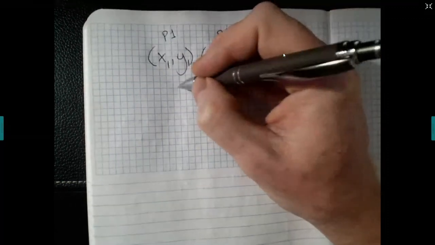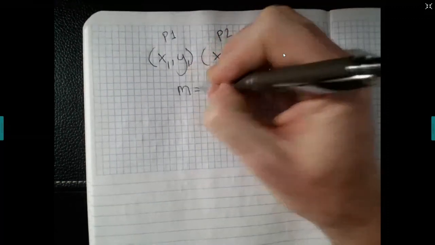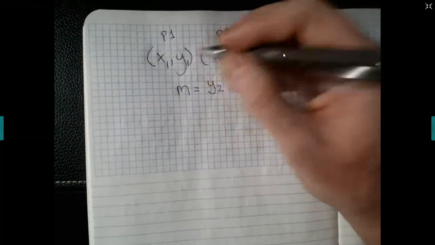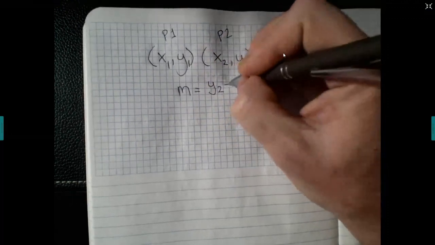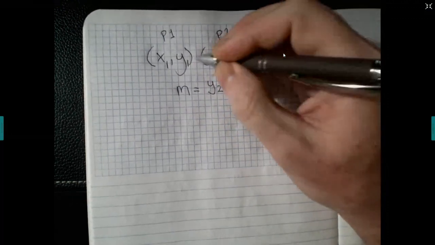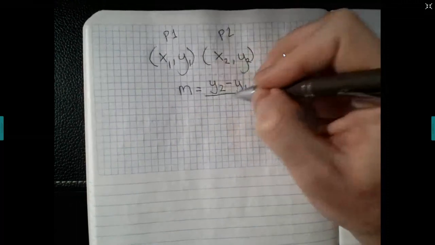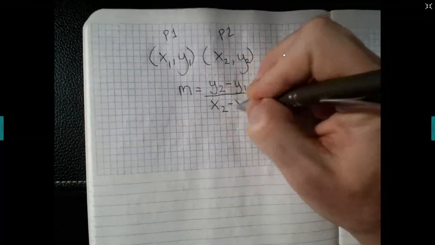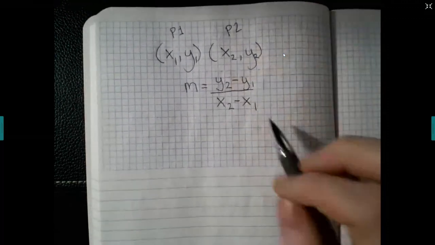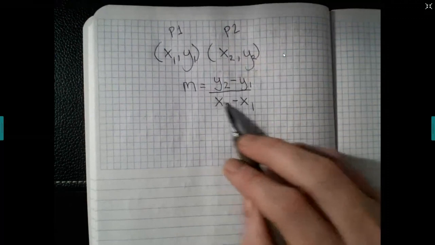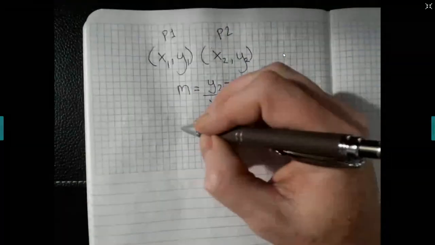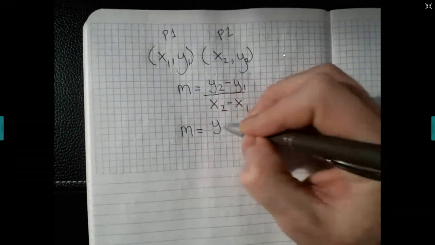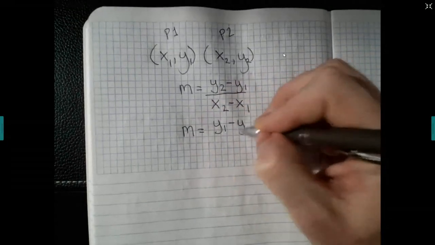Now this formula says that slope is equal to the difference between this coordinate point right here minus this coordinate point here, and then this right here is the other one. So you're doing the difference in the y's over the difference in the x's. Now, you can have an alternative way of looking at it. You can do y sub 1 minus y sub 2.